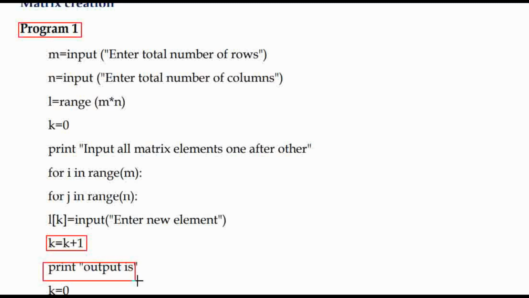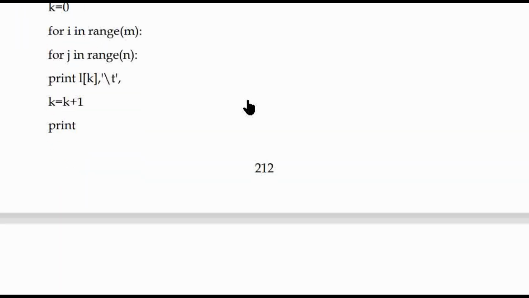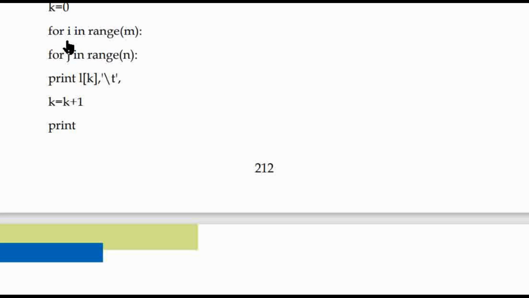Print output, K is equal to 0. For I in range M, for J in range N, print L[K] slash t, K is equal to K plus 1, print.